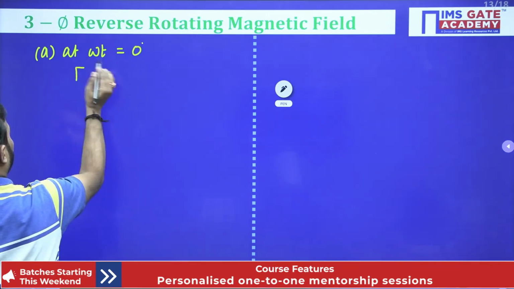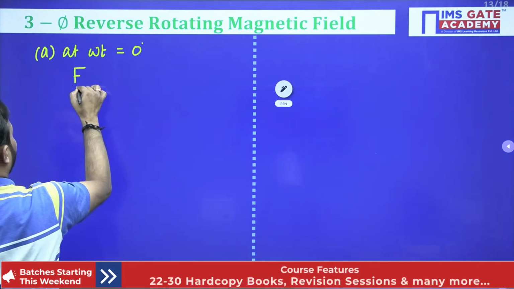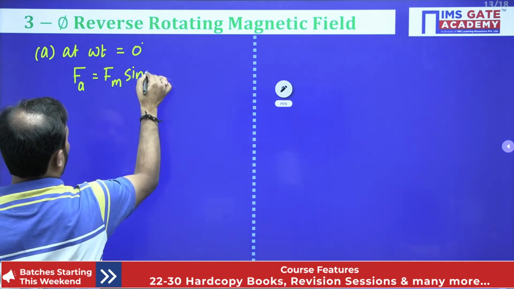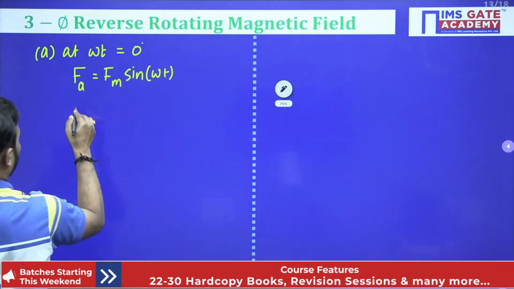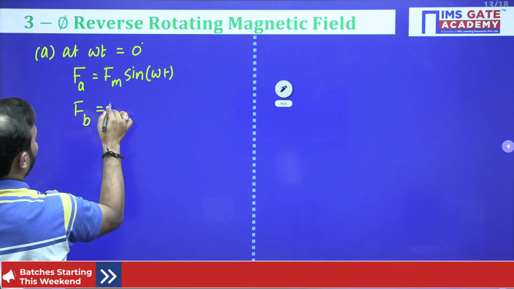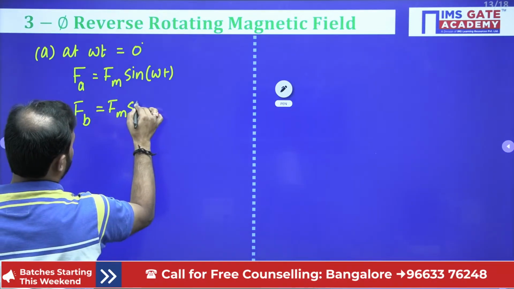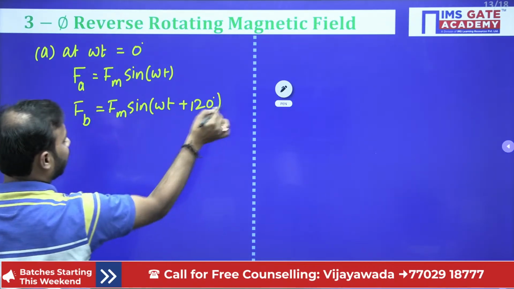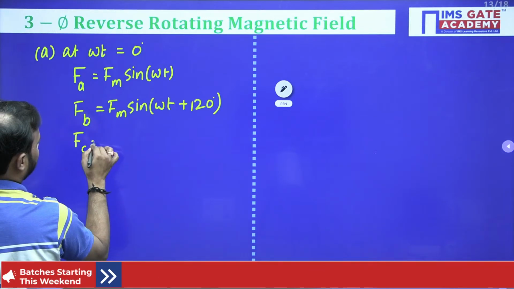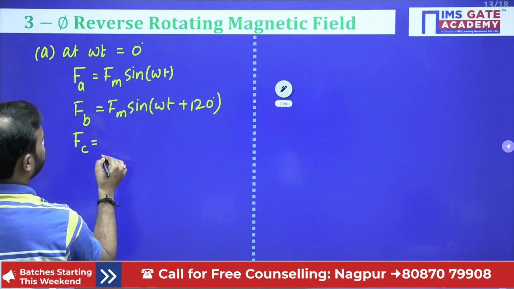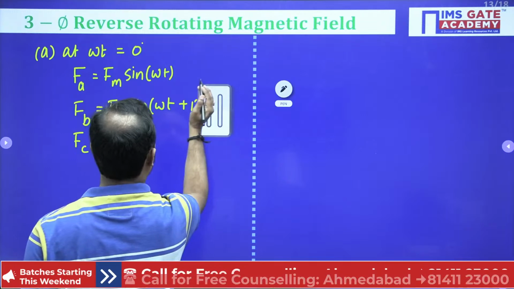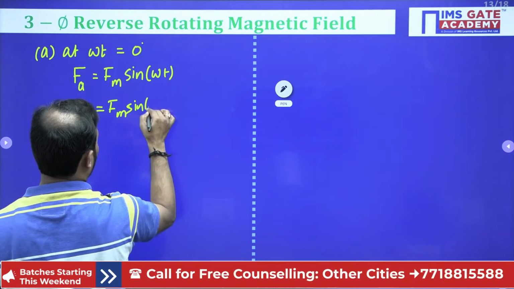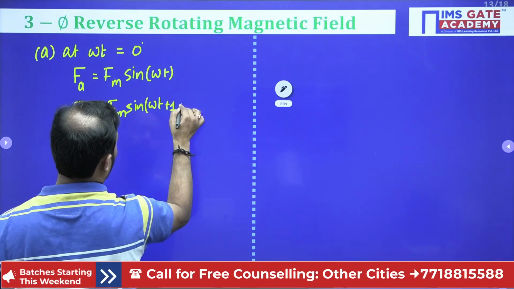FA is FM sine omega t. FB, this time, becomes FM sine omega t plus 120 degree. Earlier it was minus 120. And FC is FM sine omega t minus 120 degree.